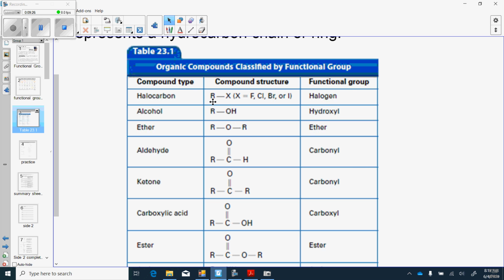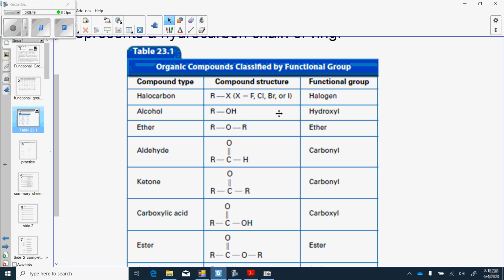So here we have that R, the rest of the molecule, plus X, and X is going to be this halogen, right? So it could be an F, a Br, a Cl, or an I. And so if we had chloropropane, the rest would be propane, and the chloro on the first carbon would be the X, okay? And we just call this a halogen functional group.